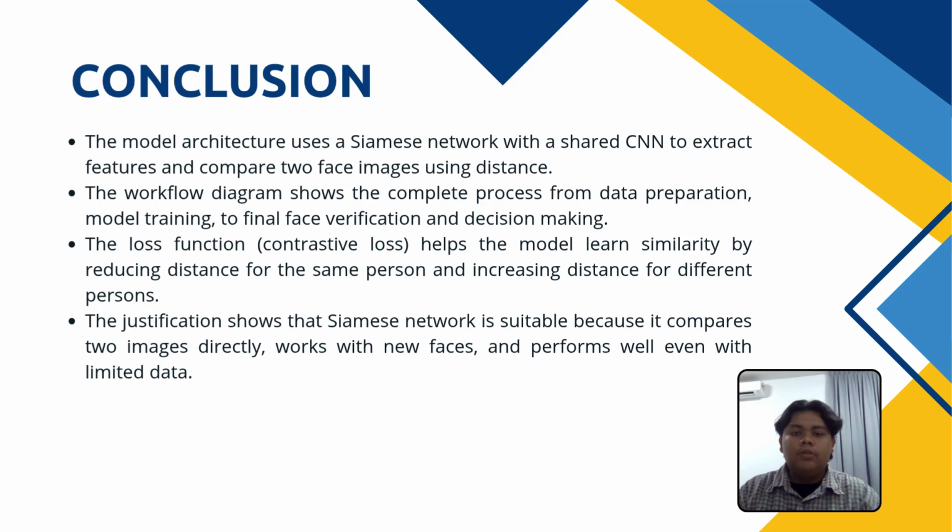The loss function, which is contrastive loss, helps the model learn the similarity by reducing the distance for the same person and increasing the distance for different people. The justification shows the Siamese network is suitable because it compares two images directly, works with new faces, and performs well even with limited data.